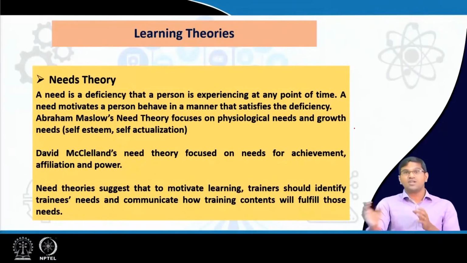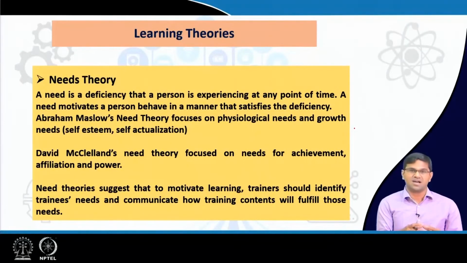Now we are going to a very important theory, the need-based theory. Every individual has different needs. When a particular need is scarce, or I do not have sufficient things to meet my need, that will act as my source of motivation.